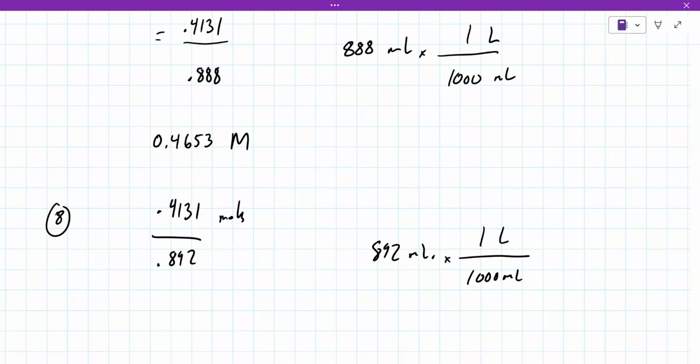If you divide that, I believe you'll get pretty much the answer they've got there. The answer sheet says 0.463, and that should be right about what we got.